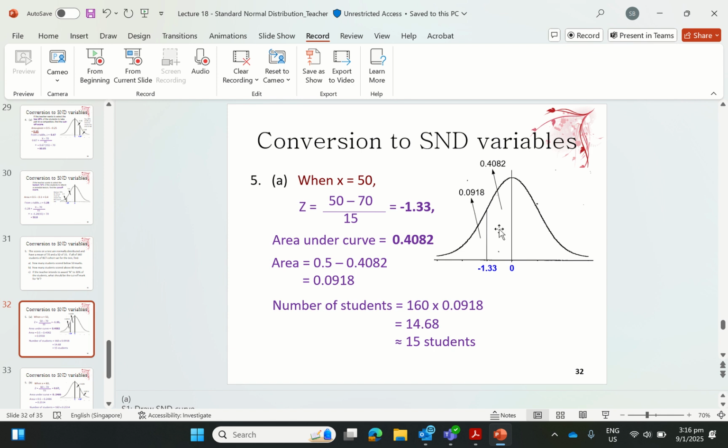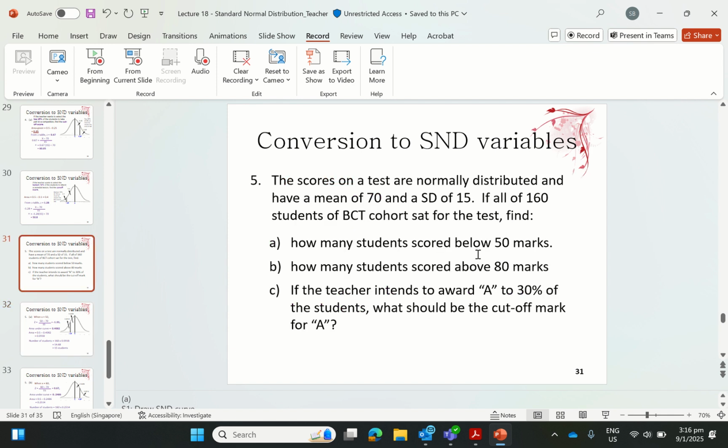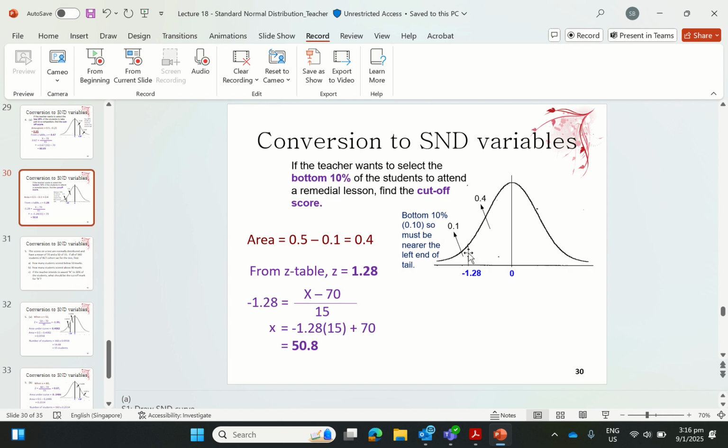But this is the inside area. You want to score below 50, so it should be the outside area. So you must minus from 0.5. For the bottom 10, this is the outside area, so you must minus from 0.5 to get 0.4. Then only you use 0.4 to get the Z value.